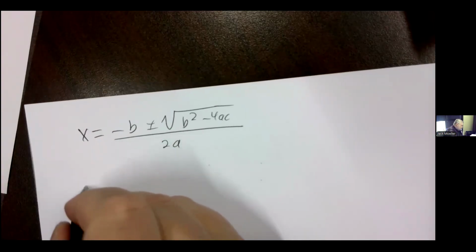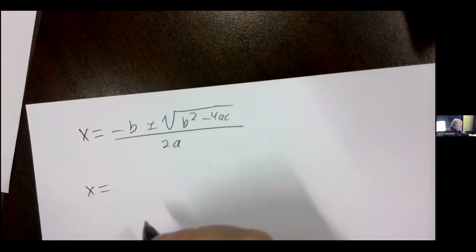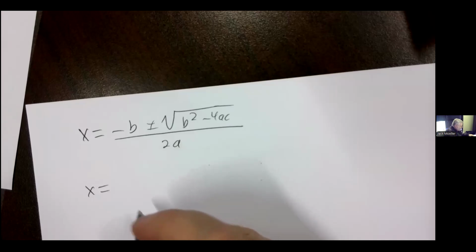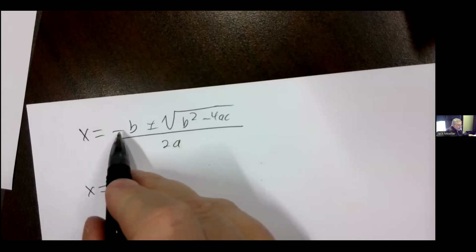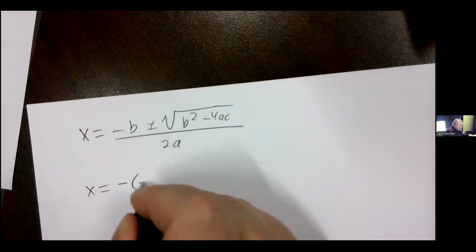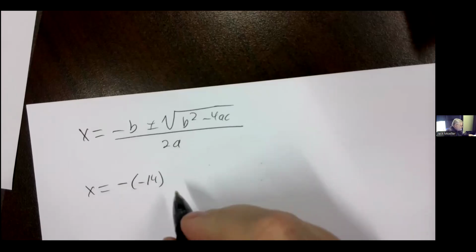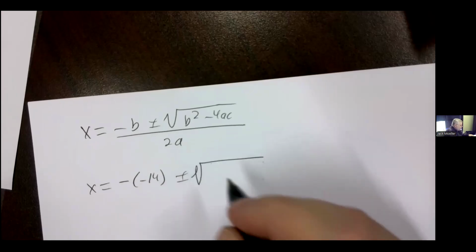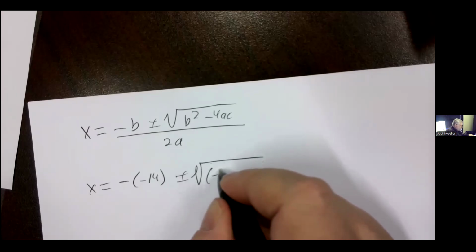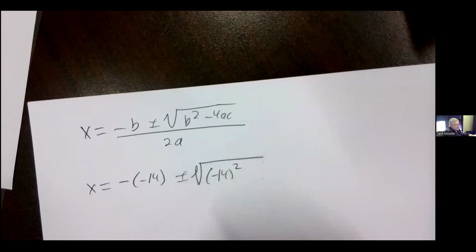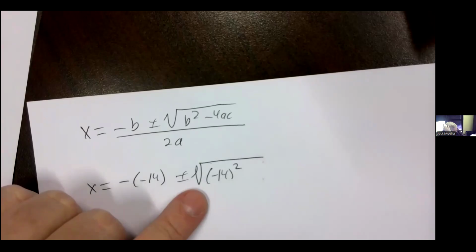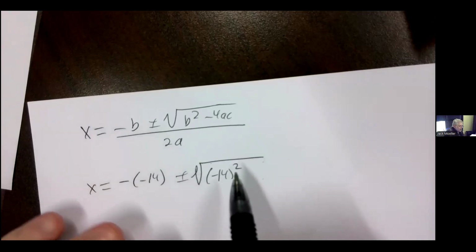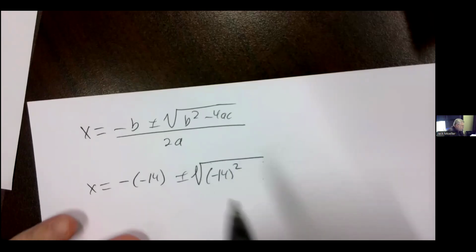And so now, what is it to plug in your numbers? Negative b, and b was negative 14, so there is a double negative, so use parentheses. Plus or minus the square root of b squared, and again, b is negative, so use parentheses. If you don't use parentheses, you're going to get negative sign mistakes, and that's one of the most common mistakes in the quadratic formula.